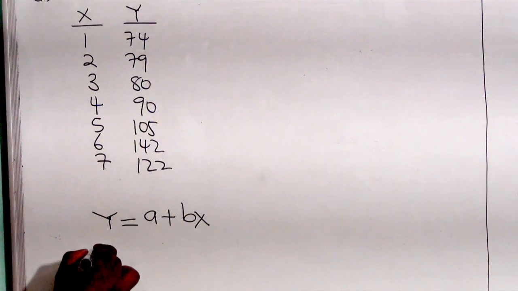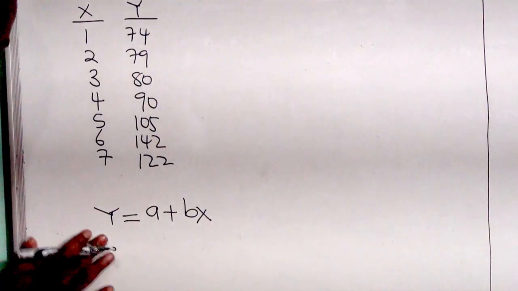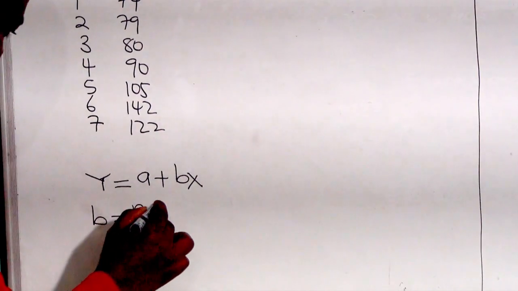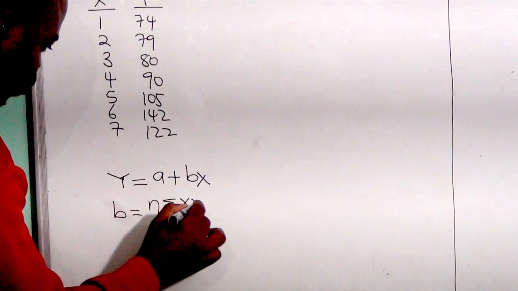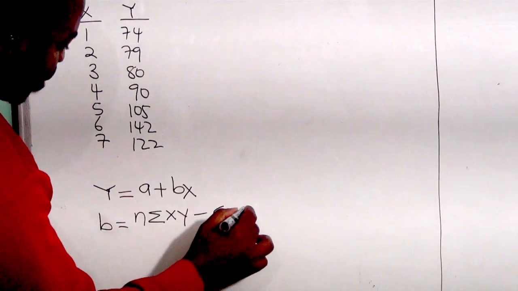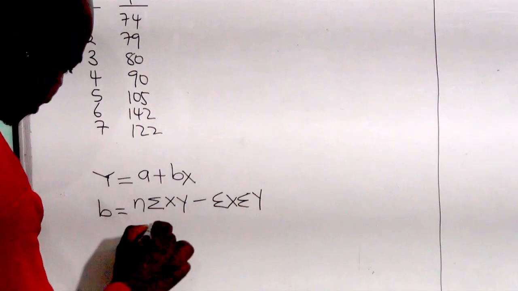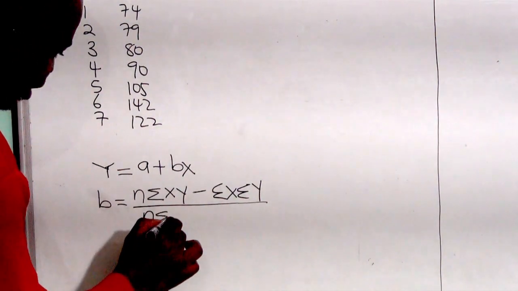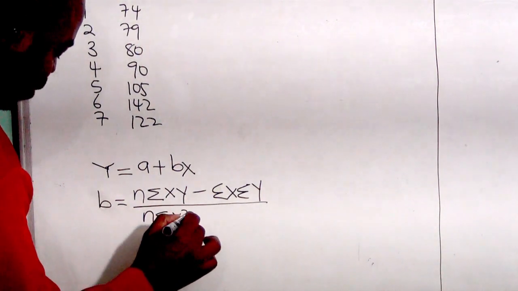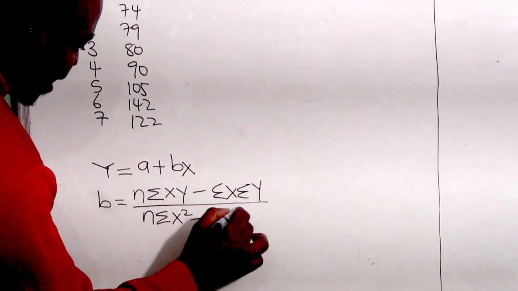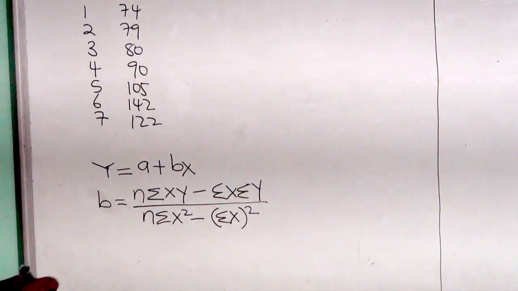The formula for calculating b is n summation xy minus summation x multiplied by summation y, over n summation x squared minus open brackets summation of x, and then we square it.